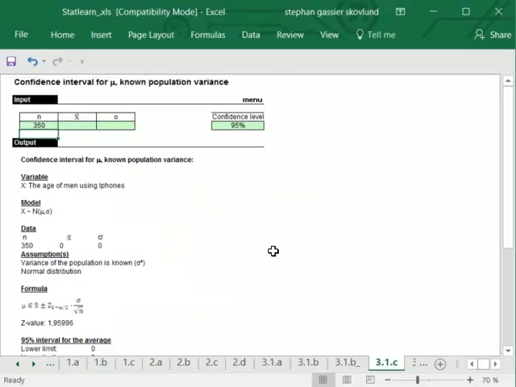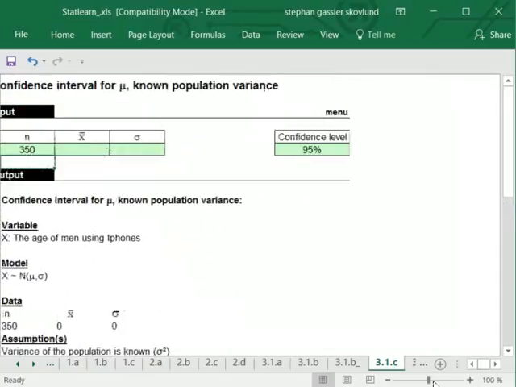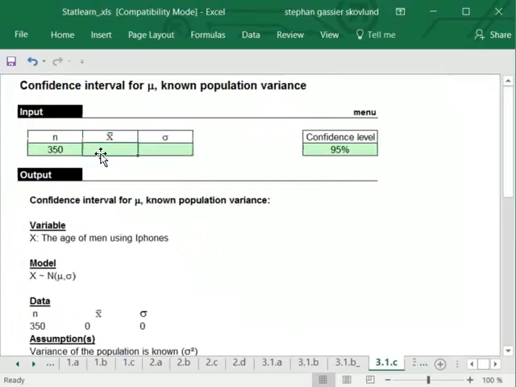So that was the sample size, and the average was 23.2 with a standard deviation of 5. Be very careful about the standard deviation. Sometimes in an exam you might meet this information with a variance instead of the standard deviation.